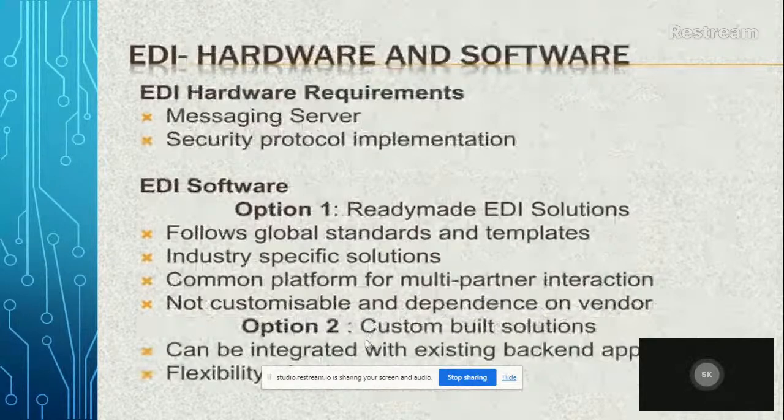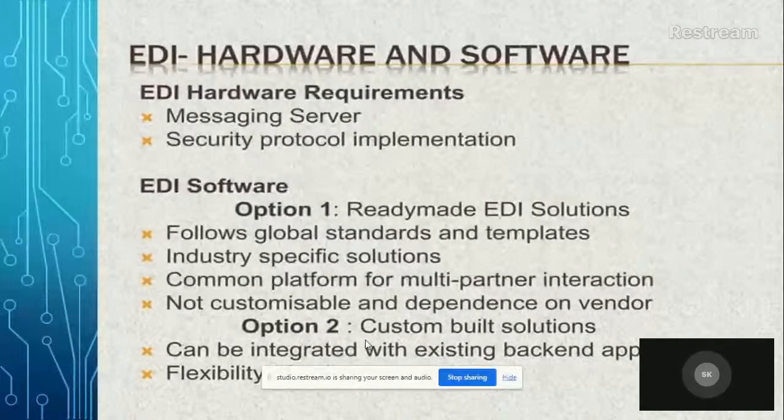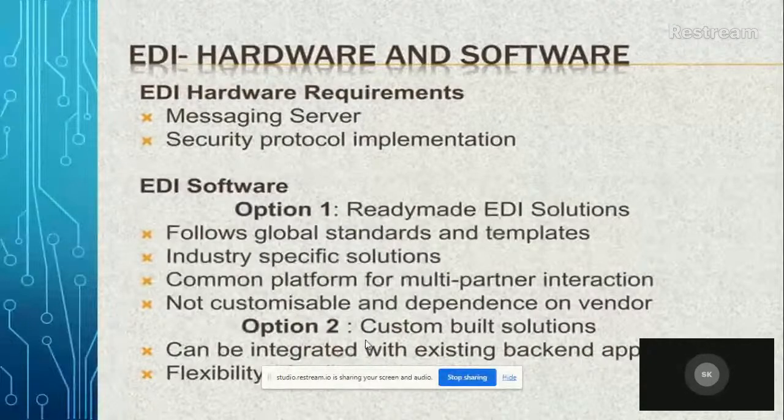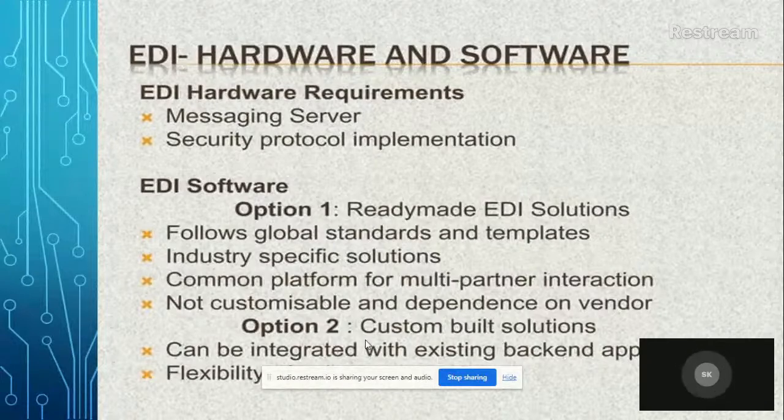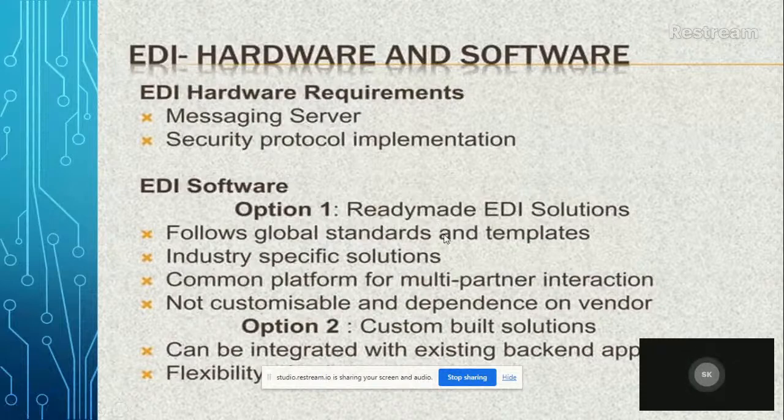It follows global standards and industry-specific templates, provides a common platform for multi-partner interaction, but is not customizable and depends on the vendor. Option two is custom-built solutions, which can be integrated with existing backend applications and offer flexibility. What are the EDI software options? One is ready-made EDI, option one, which follows global standards and templates, a common platform for multi-partner interaction, and is not customizable and depends on the vendor.